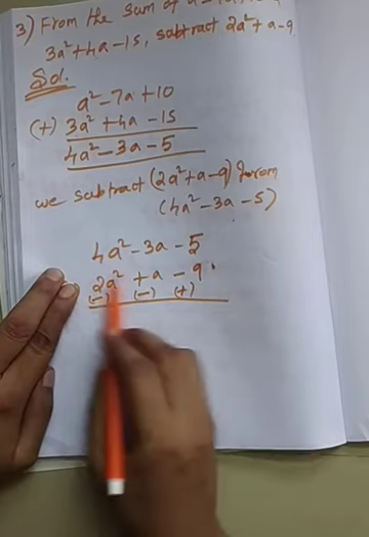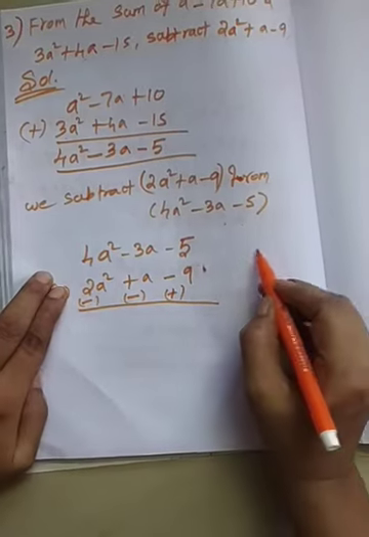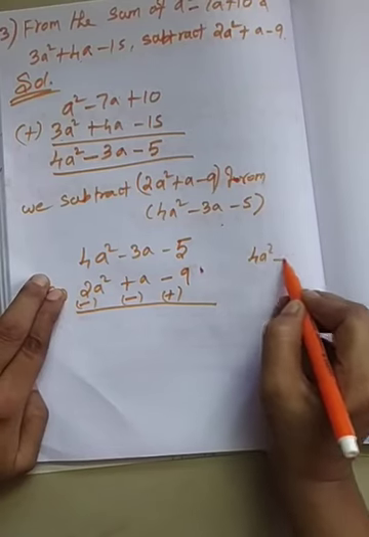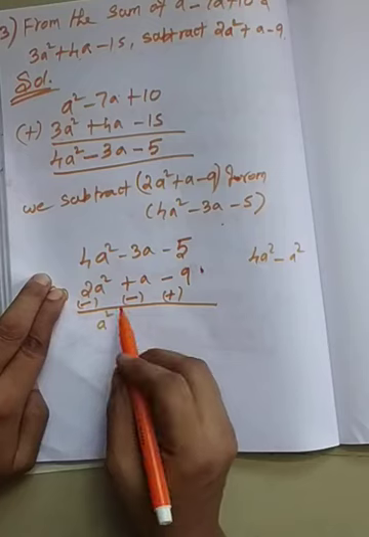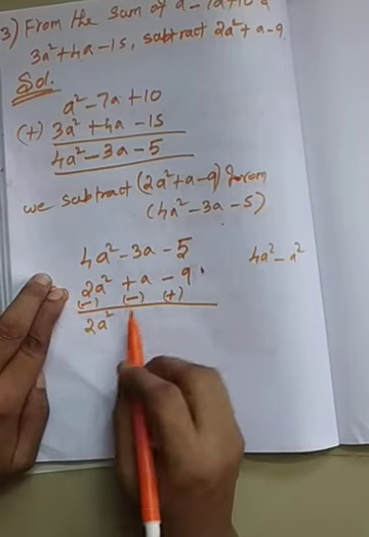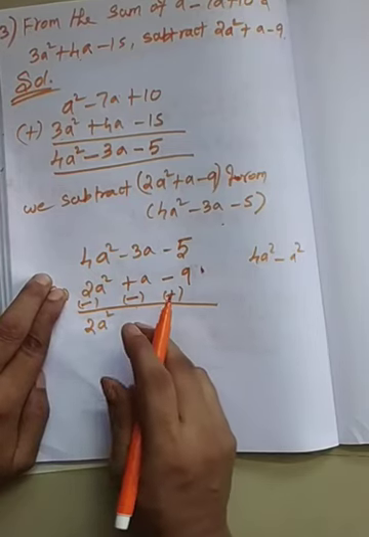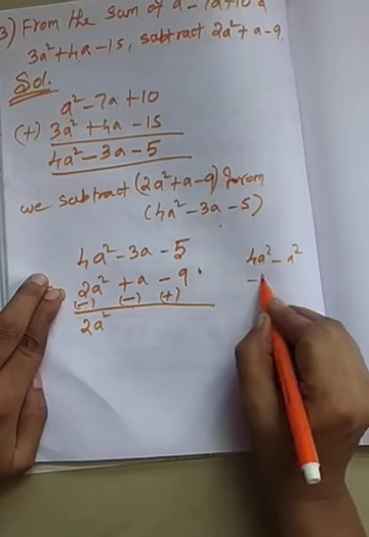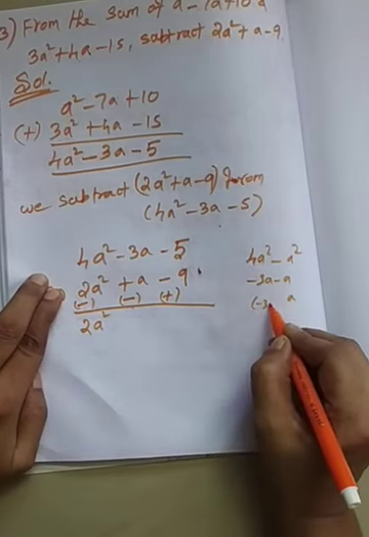Okay. This concept. See here, 4a squared minus 2a squared. Here a squared is the common. Right. a squared. What is 4 minus 2? 2. Okay. Next, minus 3a minus a. What is that? Minus 3a minus a, here a is the common, write minus 3 minus 1.